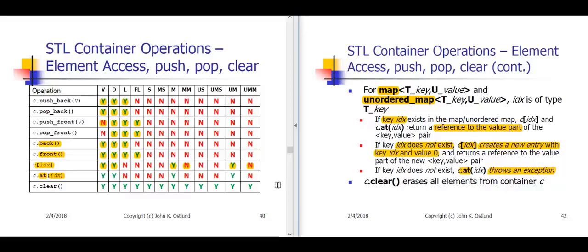This is simply because the keys in a multimap or an unordered multimap are not unique, and therefore if you attempt to look up a particular pair using a key, it's not guaranteed that there will be either 0 or 1 value. Finally, clear is simply used to eliminate all of the elements of a container, and all dozen of the standard template library containers support clear.